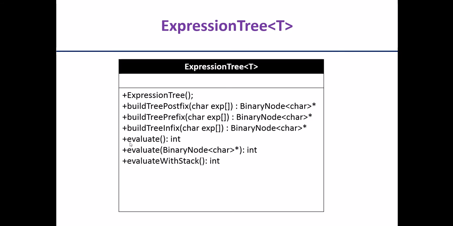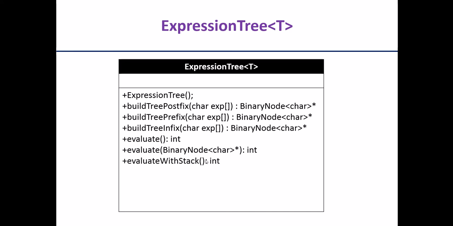Then you can see we can evaluate. Already you know how to evaluate a postfix, infix, or prefix form. In this case, you need just one function. If you are given any form of the expression, you just need to build the tree. If you have the tree, you can use evaluate.